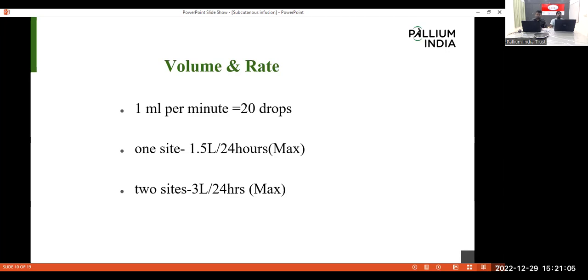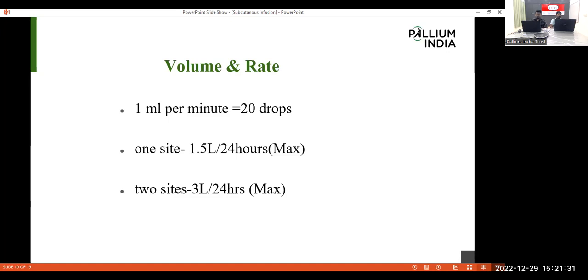If we choose one site for giving the infusion, maximum 1.5 liter, or 3 pint, or 1500 ml of fluid we can give within 24 hours subcutaneously in one site. If we choose another site, again at that site we can give 1.5 liter.